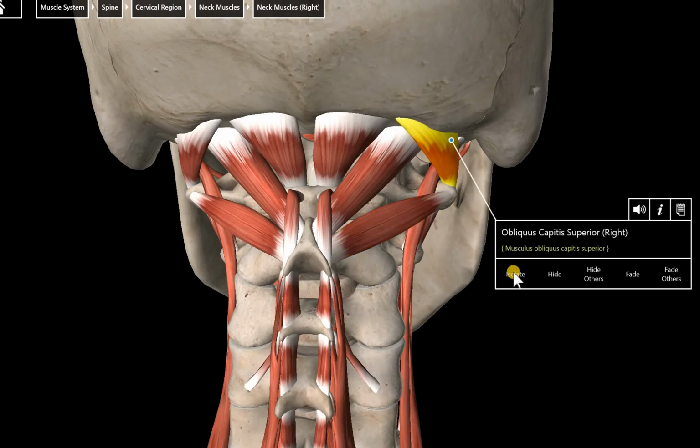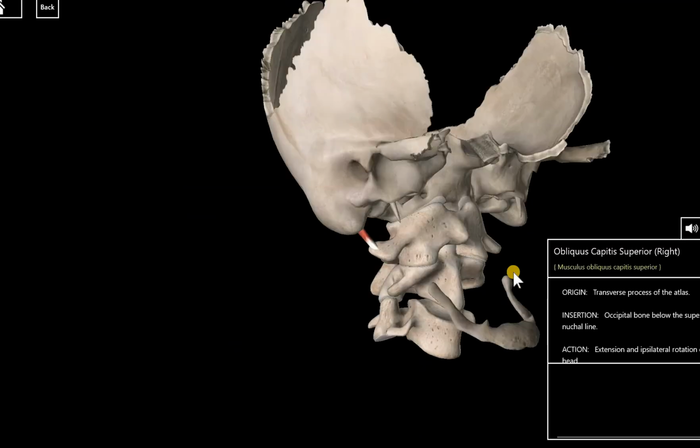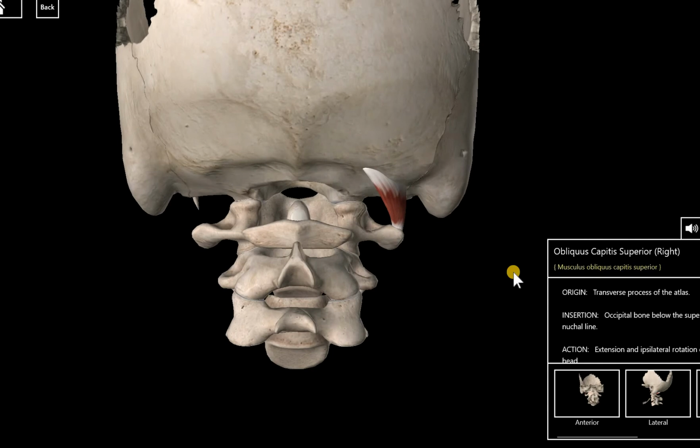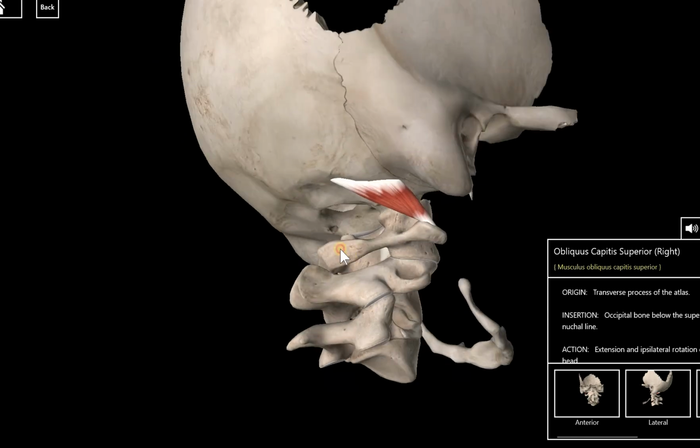Obliquus capitis superior, if we isolate it, you will notice it also has an occiput attachment. So insertion is on the occipital bone, and origin is on the transverse process of the atlas.